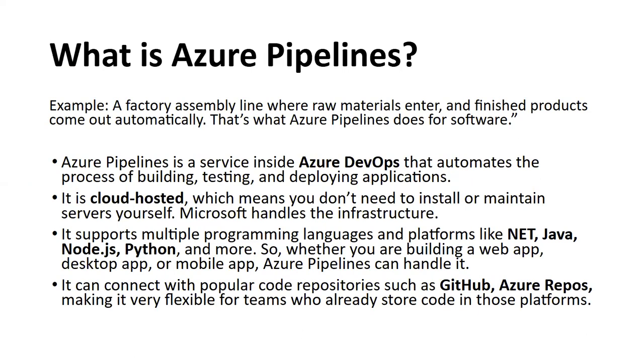Azure Pipeline works with many languages and platforms, for example .NET, Java, Node.js, Python, and it also supports web, desktop, and mobile applications. It also integrates easily with popular code repositories such as GitHub and Azure Repos, making it flexible for any development team.